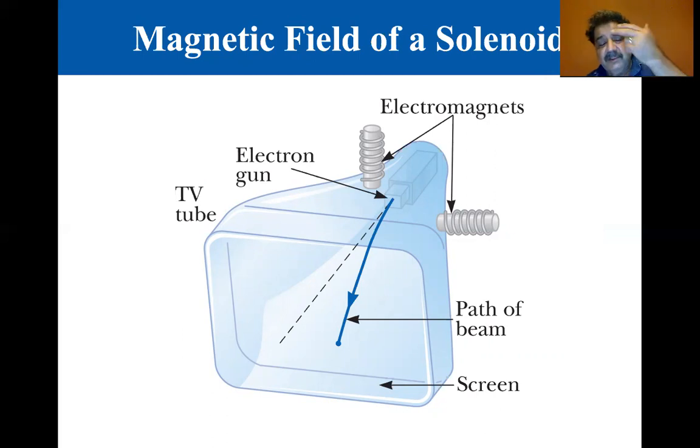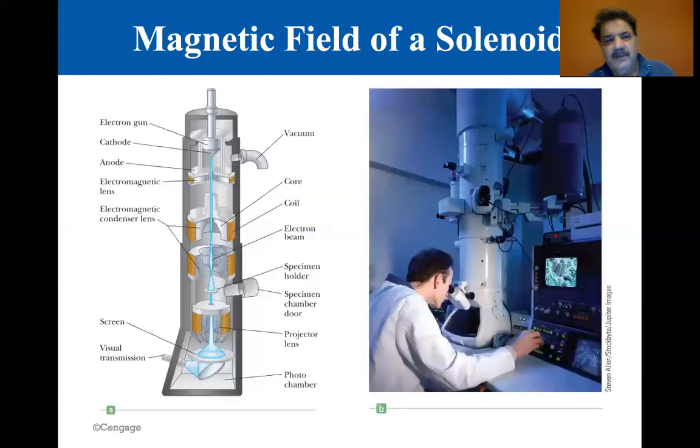The persistence of vision from our eye couldn't really tell that, and it just produces an image on the screen. So that was one way of using them. There are focusing solenoids on a scanning electron microscope, which use focusing beams on the specimen that you're looking at.